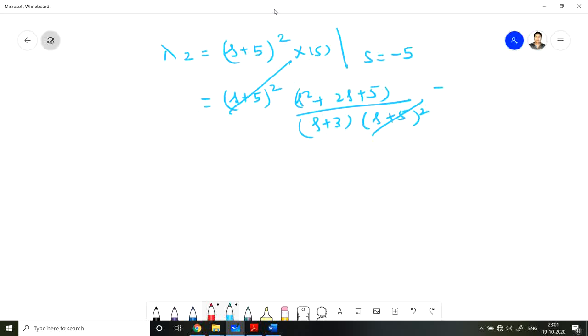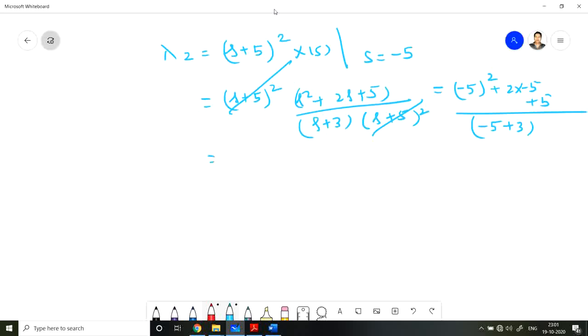So at s equals minus 5: minus 5 square plus 2 into minus 5 plus 5, divided by minus 5 plus 3.